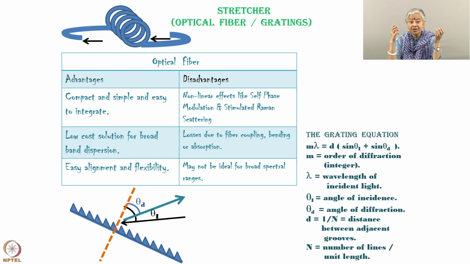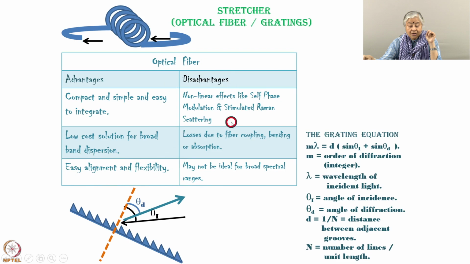So, it will give you a positive GVD. So, that is where the fiber is used. And as you can see, alignment is easy and flexible, that you can also understand. But what are the disadvantages?